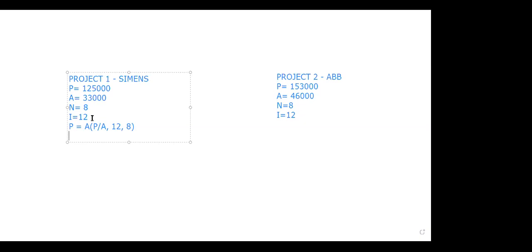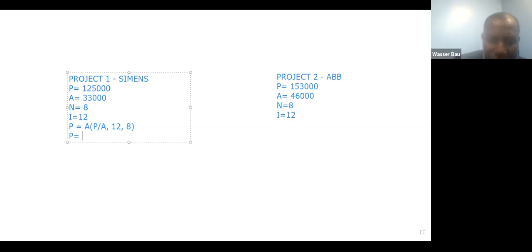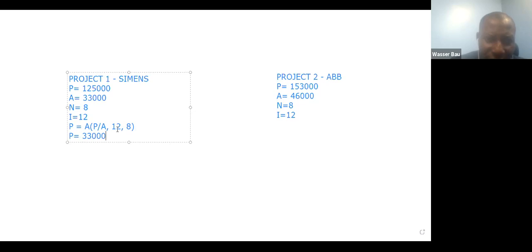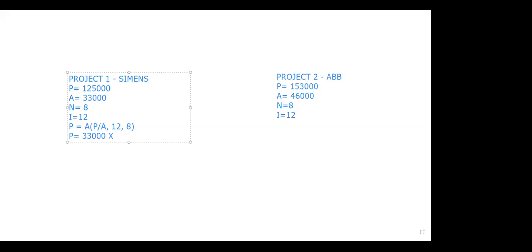So the A is what now? The savings is 33,000. So can somebody go to the table of 12% under 8 years? What do we have? Yes, P over A: 4.968.